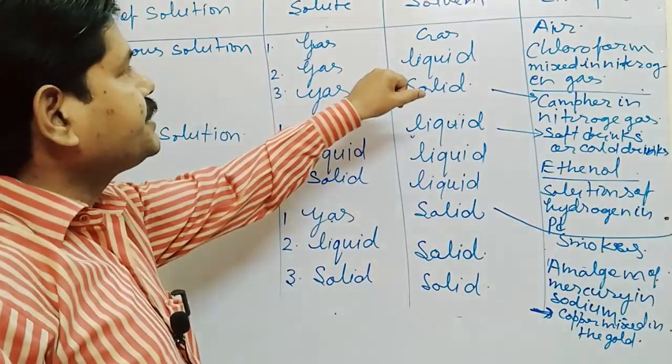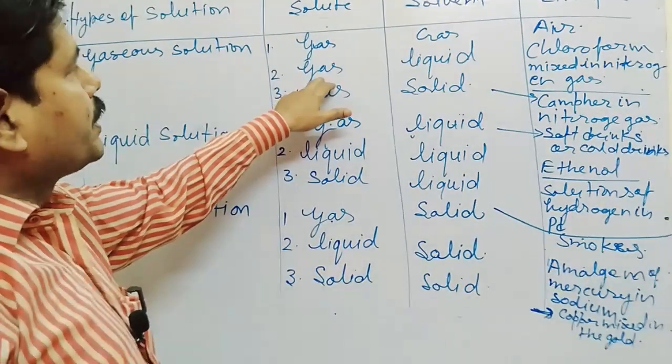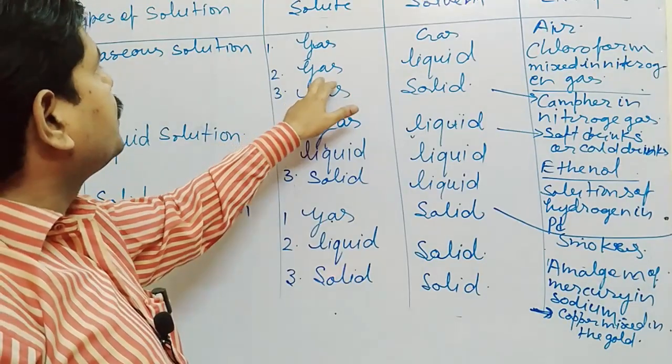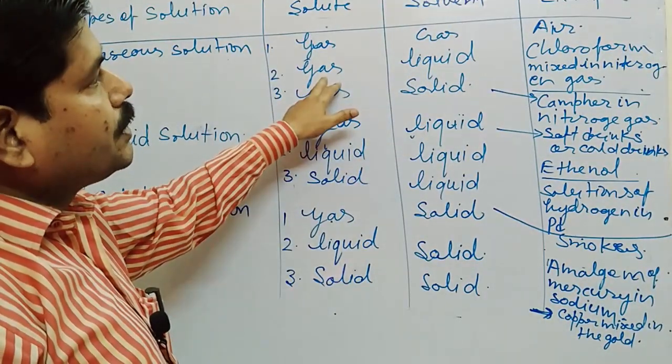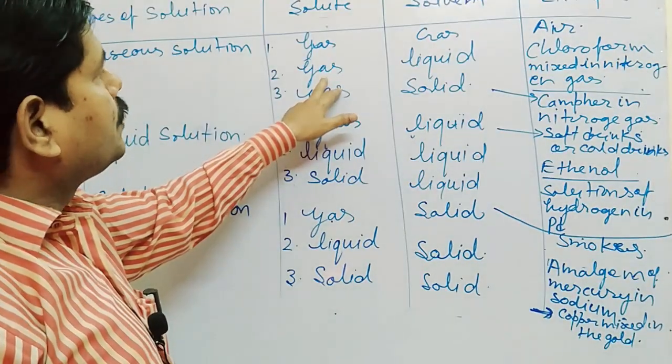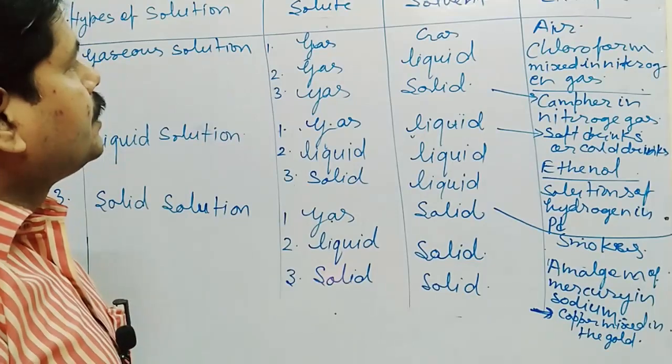First, gas in gas, example air. Second, gas in liquid, chloroform mixed in nitrogen.